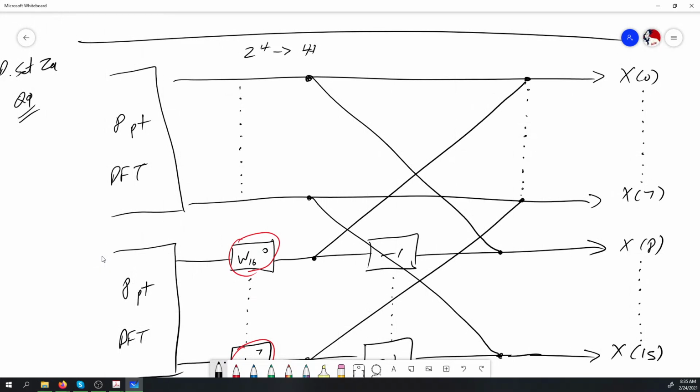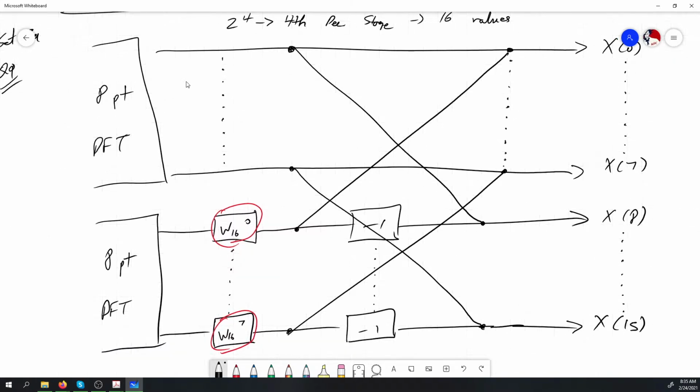This is the 4th decimation stage. And it's 16 values. That means we need to break those 16 values into halves. So the first half of that 16 values will not have any twiddle factors, and the second half of that 16 values will have twiddle factors.